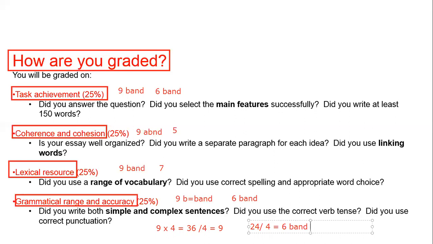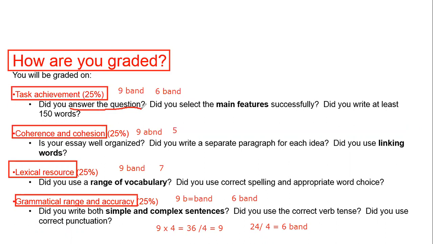What is task achievement, clear? Task achievement means there are a few important things to understand while you are being given a question. The first thing: did you understand and answer the question clearly?